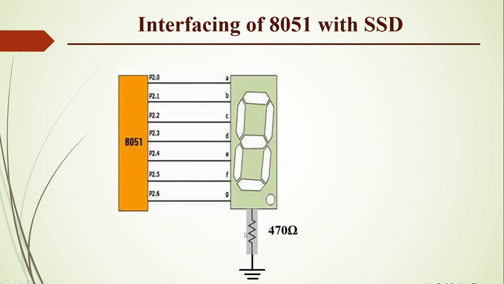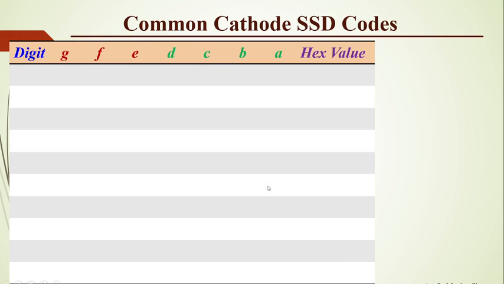The cathode inputs of these segments are connected to ground through this 470 ohm resistor. Here the port pins P2.0 to P2.6 are used to connect these segments. We are using the common cathode display.